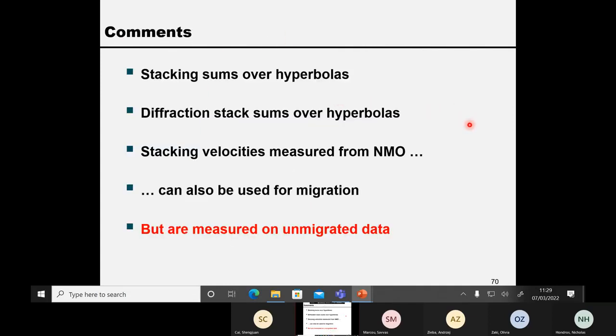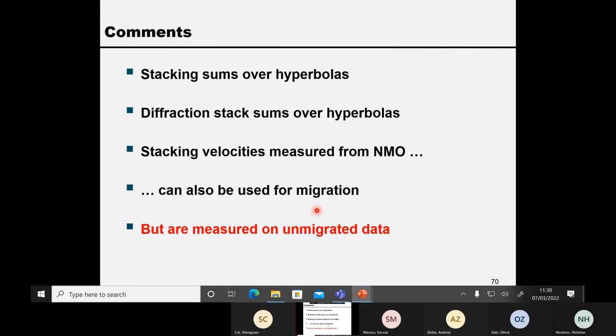In common-midpoint stacking, we sum over hyperbolas. Diffraction stack also sums over a hyperbolic curve, right? So NMO generates a stacking velocity. This stacking velocity can be used for migration because they have the same formula. Also, h is different, right?